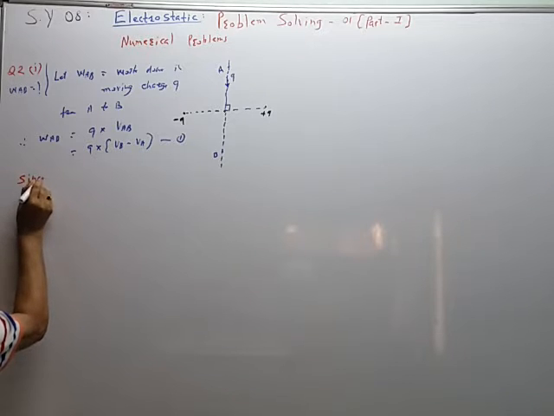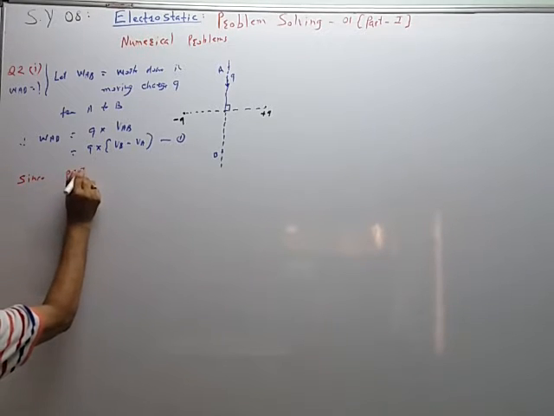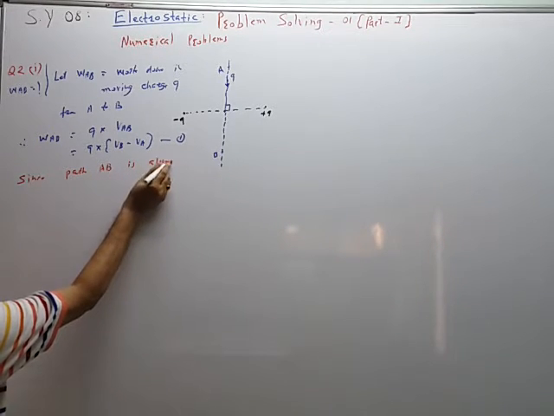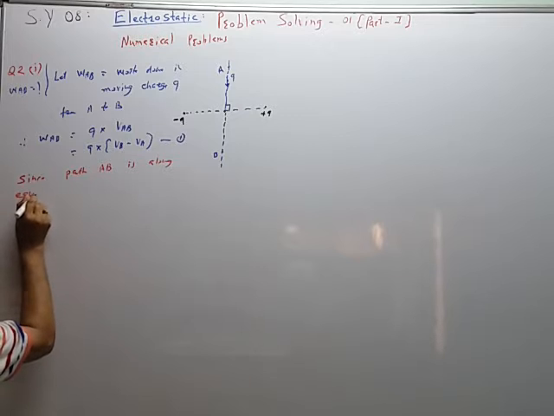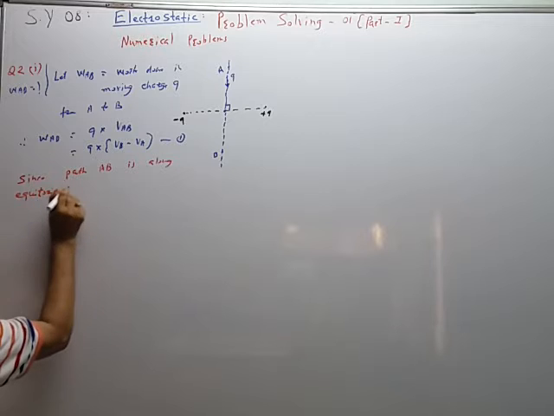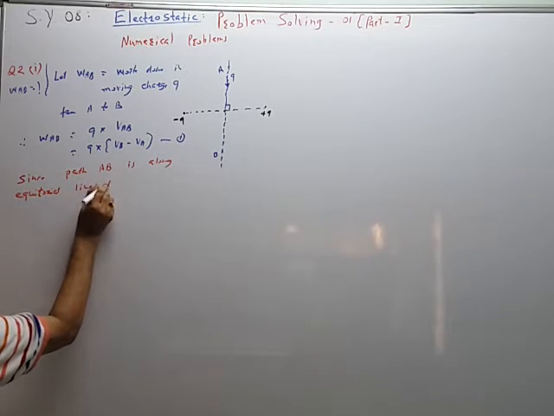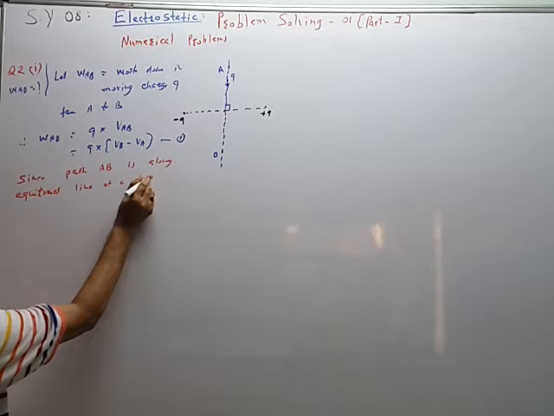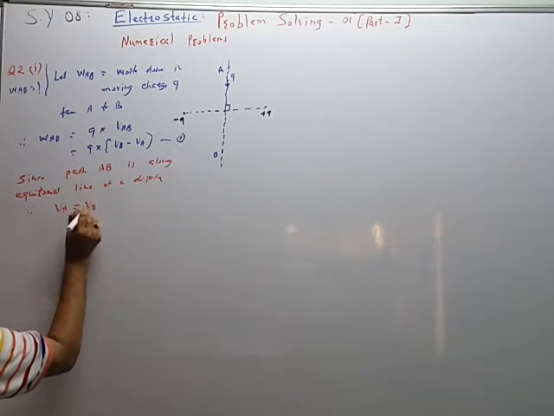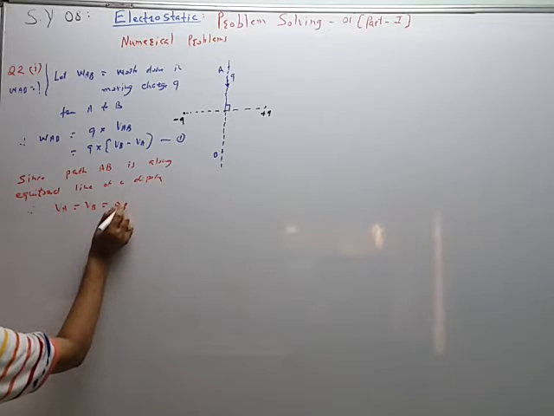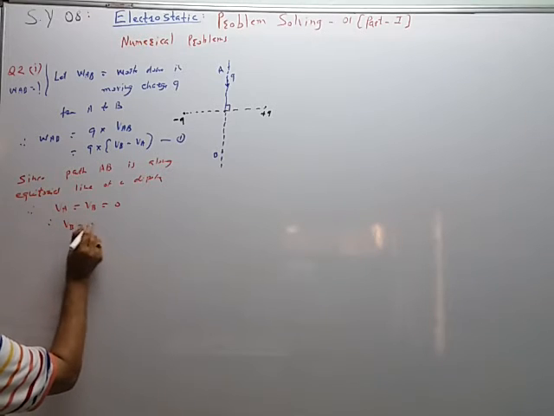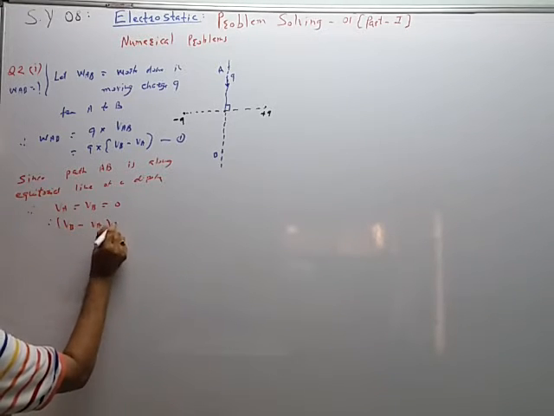Since the path AB is along the equatorial line of a dipole, therefore VA is equal to VB is equal to 0. They are equipotential, potential 0, 0, 0. Therefore VB minus VA is also 0.